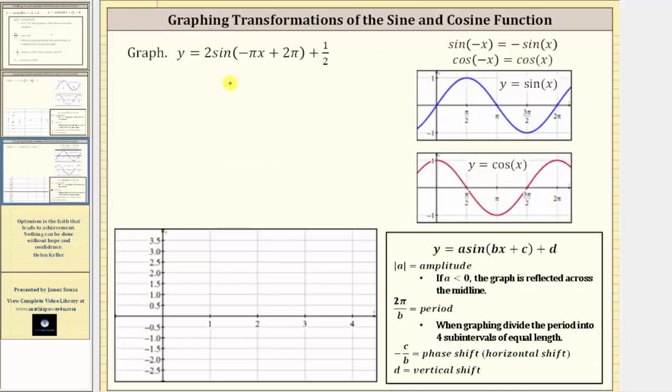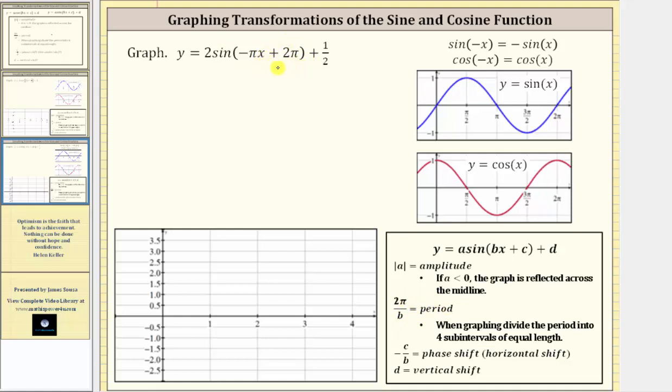Let's graph the function y equals 2 times sine of the quantity negative pi x plus 2 pi plus 1/2. For this function, the first thing we have to recognize is that b is negative. Here, b is negative pi, and 2 pi divided by b is equal to the period. We know the period must be positive, and therefore, we are going to have to change the form of this function.